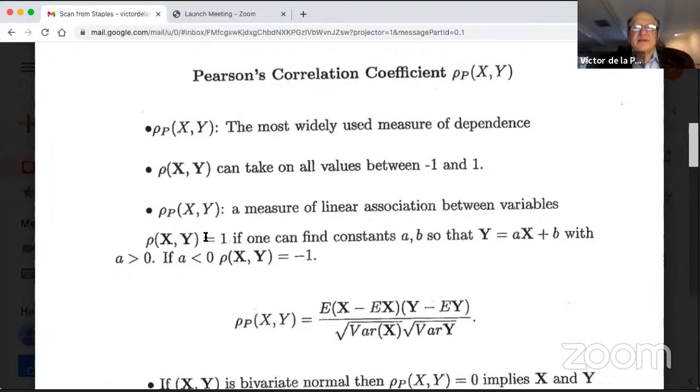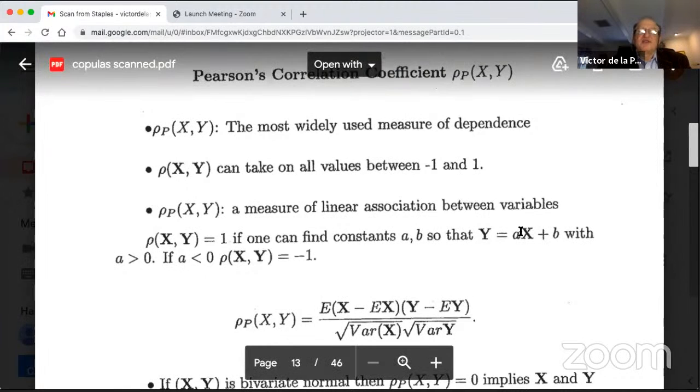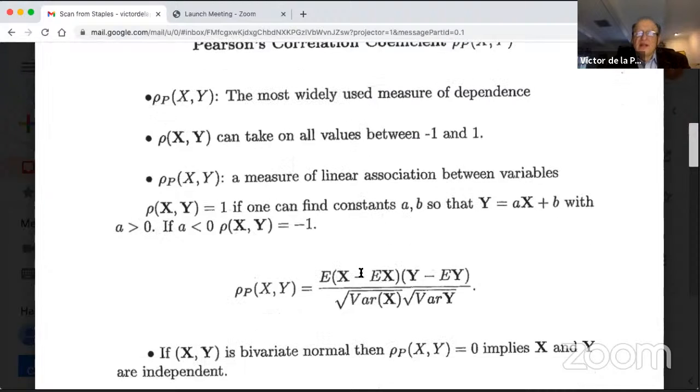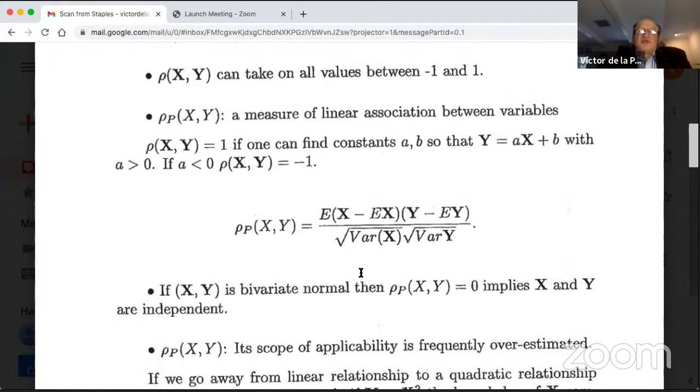If a is negative, the correlation coefficient becomes -1. And the definition of the correlation coefficient is the expected value of x minus E[x] times y minus E[y], over the square root of the variances of x and y.